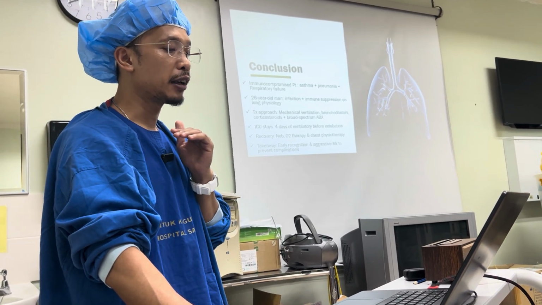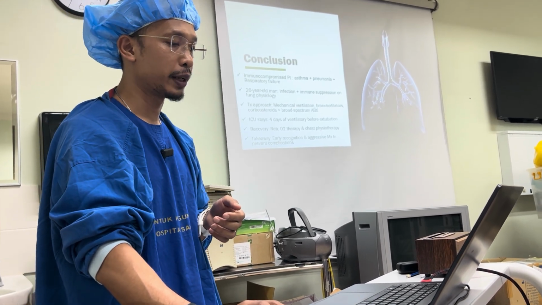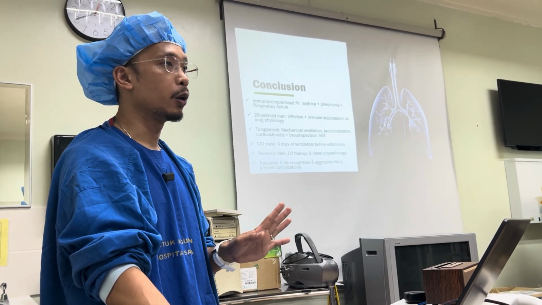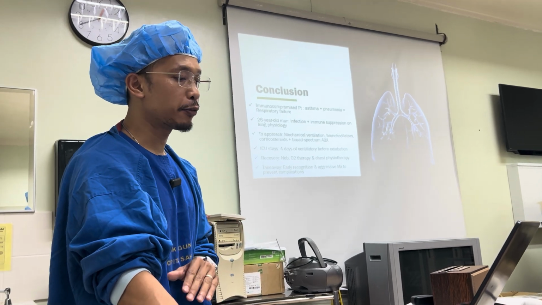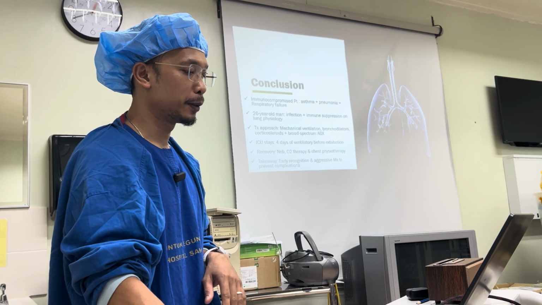Getting on top of things fast can prevent complications and really improve the chance of recovery. At the end of the day, this case is a very great example of how personalized and comprehensive care makes all the difference when managing severe respiratory problems in immunocompromised patients.